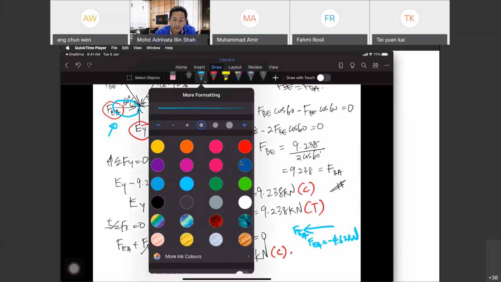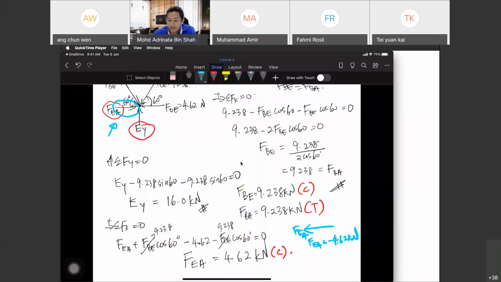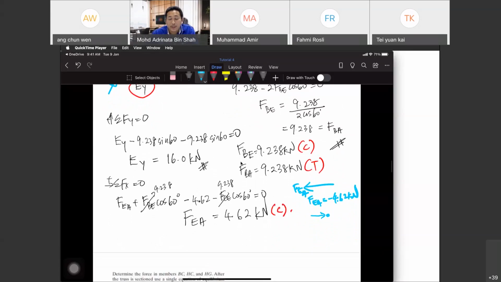Okay, and you need to change your direction so that the direction is on that way to the right, and after that you confirm your reaction, whether it is in compression or tension.